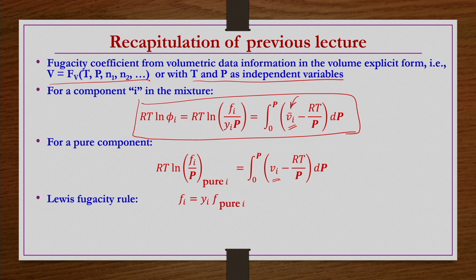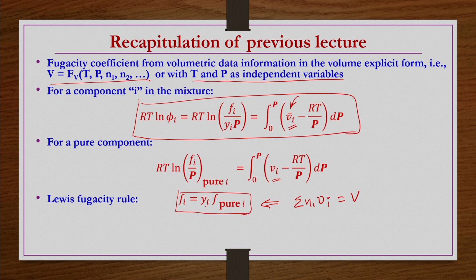Then we have also derived the Lewis fugacity rule, which is true when we mix the components in such a way that there is no change in total volume. The fugacity of component i in the mixture can be known directly, without doing any calculation, if you know the fugacity of the same component as a pure component.